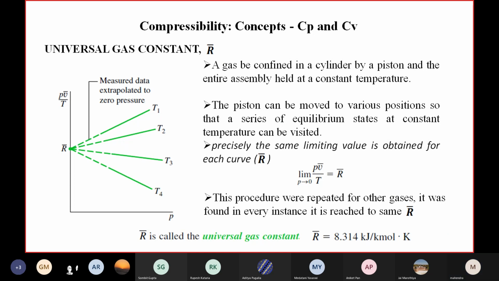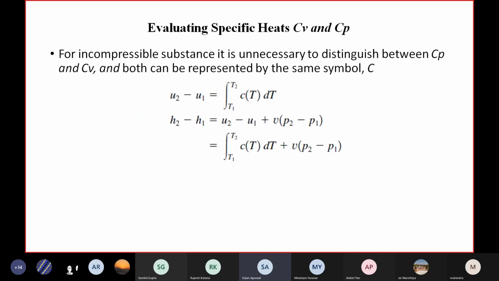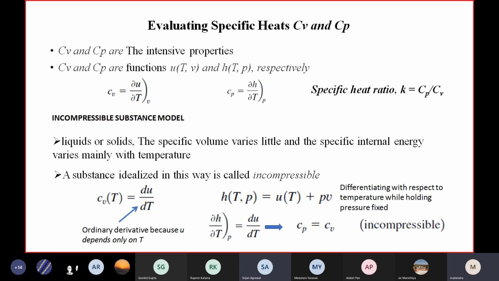Sir, for solids you said that Cp equals Cv. But if suppose we evaporate iron, sir, then Cp? Yes, when it is changing the phase, it is coming to the liquid stage, right? That is no more solid. That time again these will come.